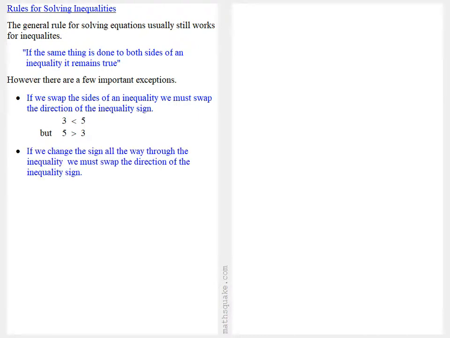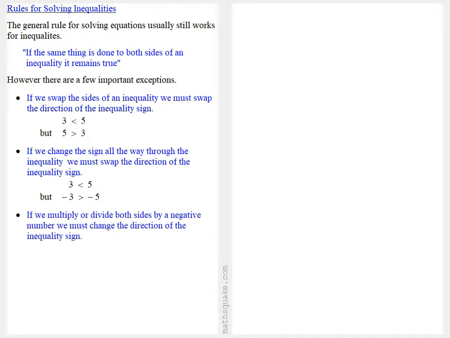Exception 2. If we change the sign all the way through the inequality, we must swap the direction of the inequality sign. So if we have 3 is less than 5, and change it to -3 and -5, we have -3 is greater than -5.